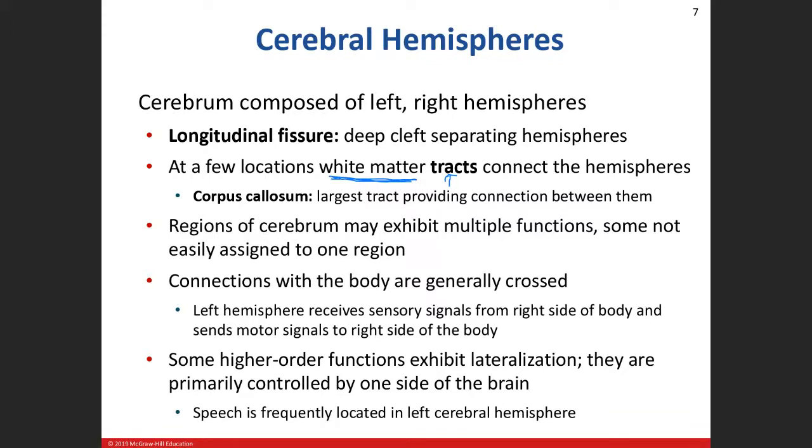Do you remember? Nerves. Same thing, just in different areas. So in the central nervous system, brain and spinal cord, white matter, which is parallel bundles of myelinated axons, are known as tracts. Same thing in the peripheral nervous system, it's a nerve. Sciatic nerve, axillary nerve, radial nerve.